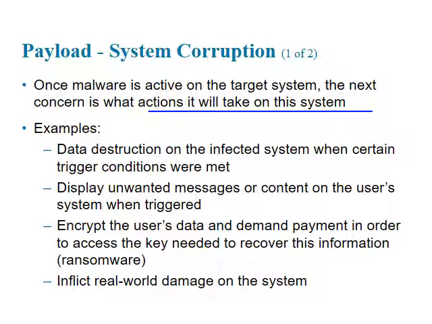First, the payload can destroy the data on the affected system when certain trigger conditions are met, based on the code that they execute. It can also display unwanted messages or content on the user system when triggered. Then another example: encrypt the user data and demand payment in order to give the key needed to recover this information. This is an example of ransomware.